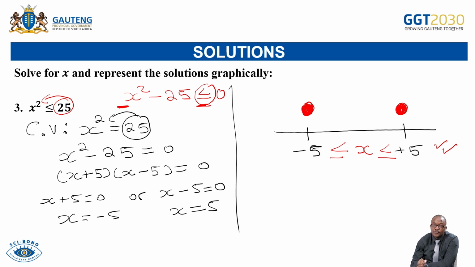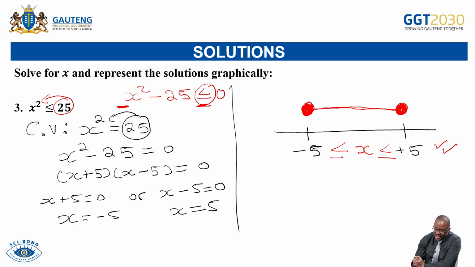So what do we do from there? We read x is greater than or equal to -5, and also x is less than or equal to 5. Then that's how you are going to show your solution graphically.